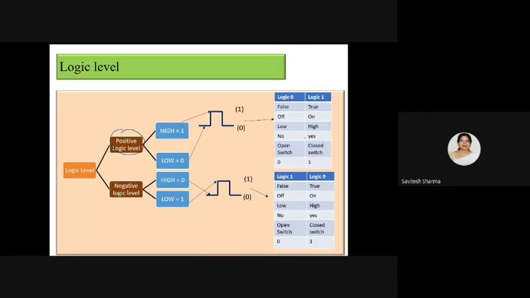So I am showing you here the terminology used in Boolean algebra. We generally say logic 0 is false and logic 1 is true. So in terms of true and false, we will say logic 0 and logic 1. This is the table I am showing you for positive logic level.